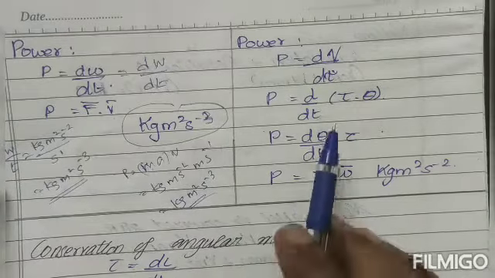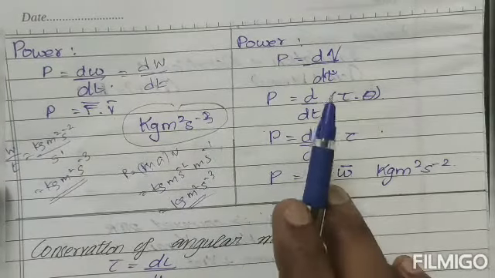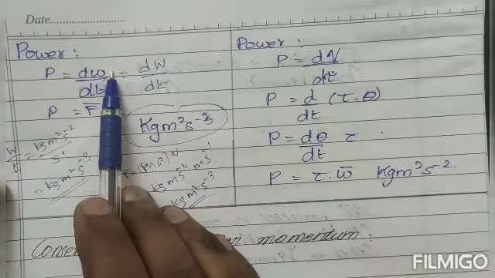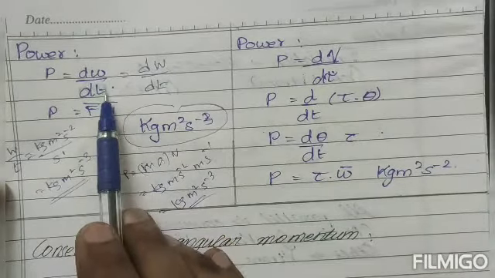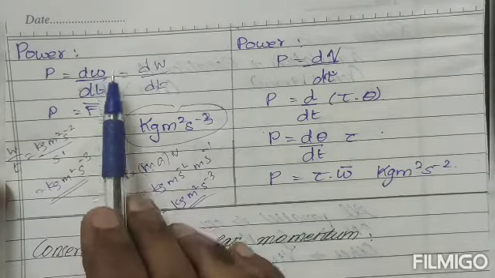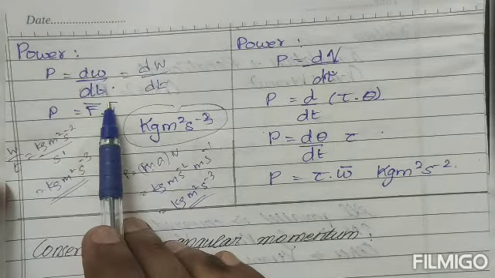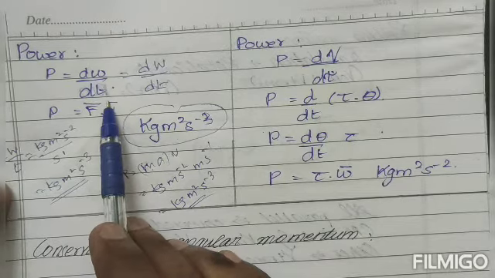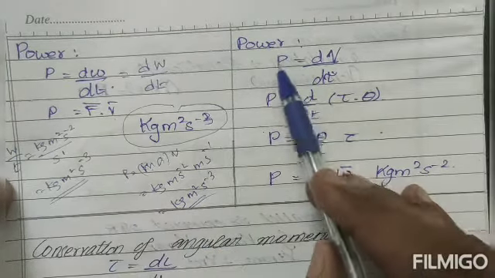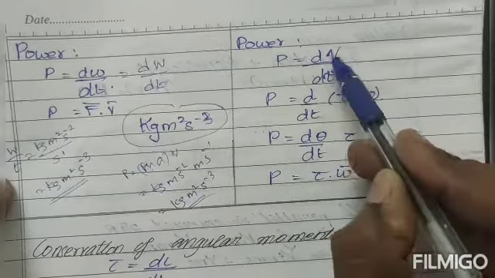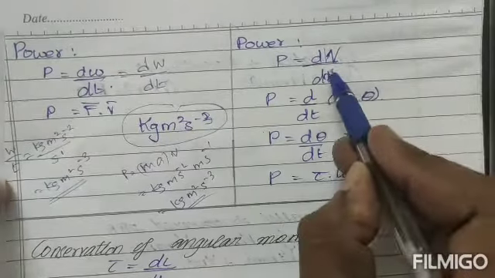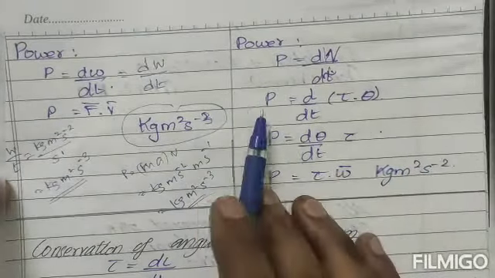Now, how to express the same power in terms of rotational motion? Power is change in work done divided by time, that is dW by dt, the same formula.